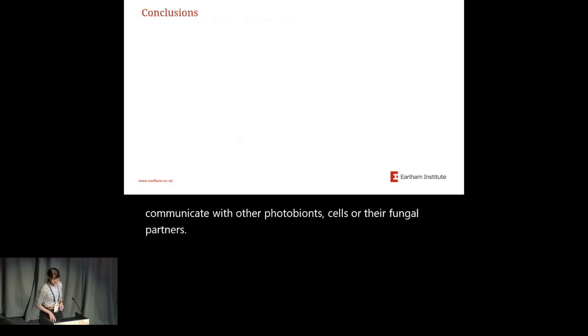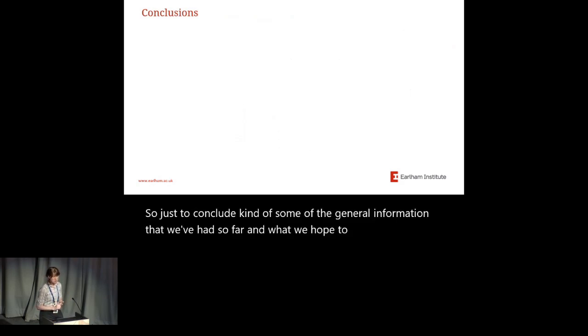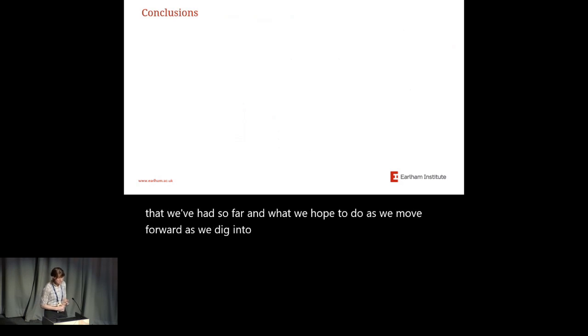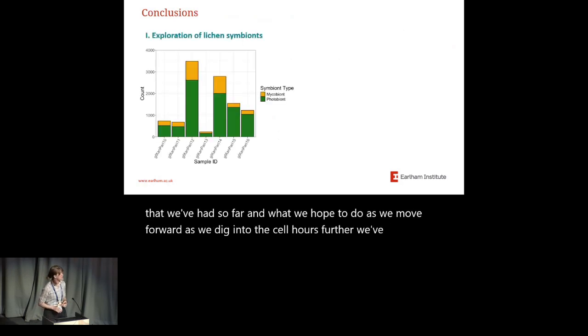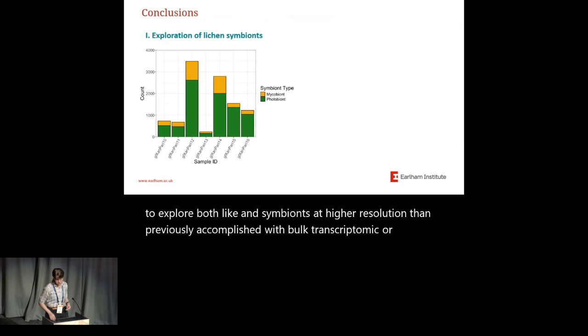So just to conclude some of the general information that we've had so far and what we hope to do as we move forward, as we dig into the Cell Atlas further, we've been able to explore both lichen symbionts at a higher resolution than previously accomplished with bulk transcriptomic or bulk metagenomic approaches.